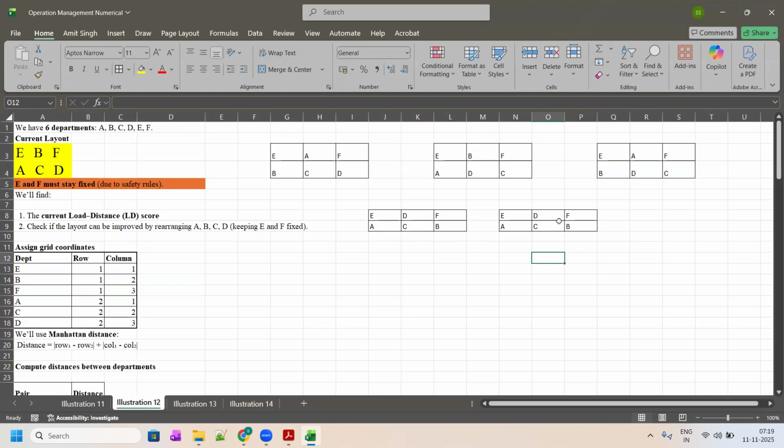Let me interchange the position of C and A, and then change the position of A and D.